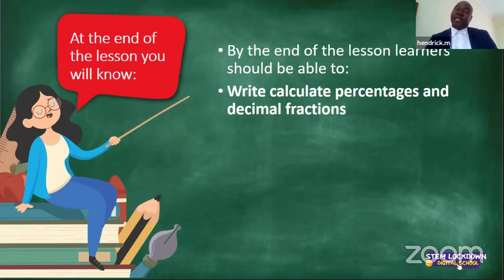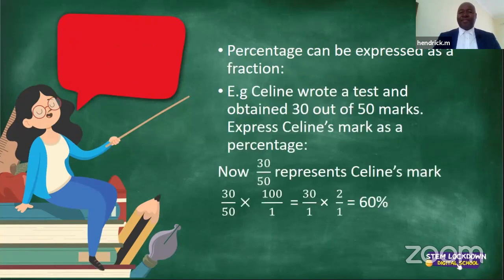So we will look at calculating percentages, converting a percentage to a decimal fraction and vice versa, meaning that we will also convert a decimal fraction into a percentage. Now, without any waste of time, we know that a percentage can be expressed as a fraction.